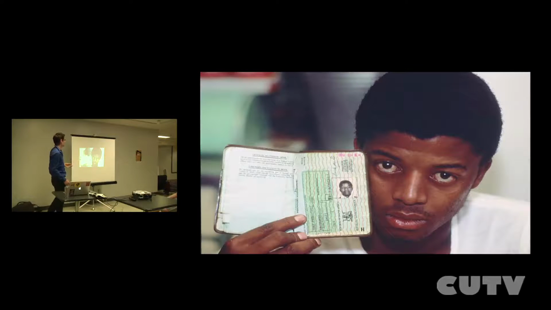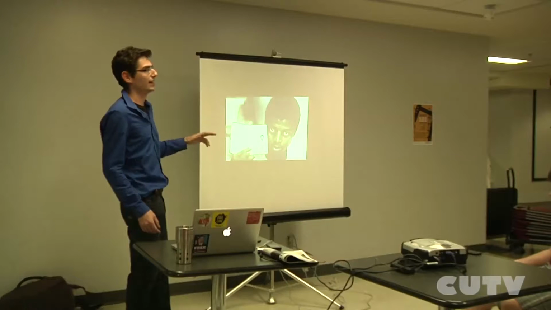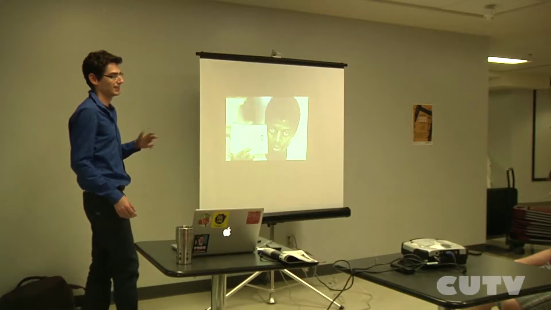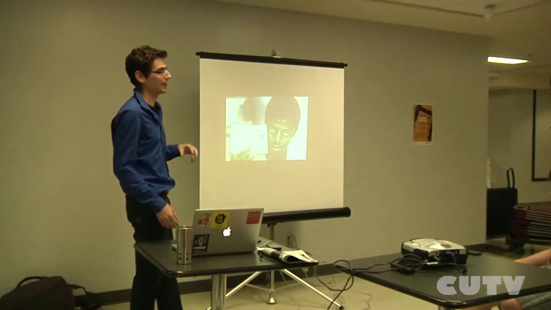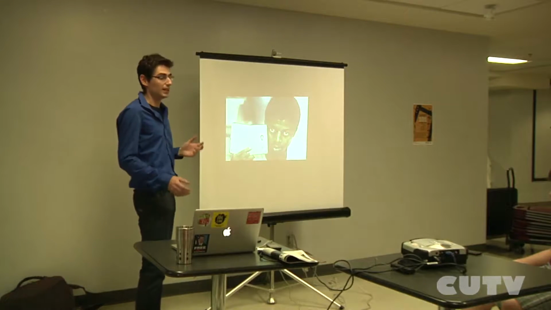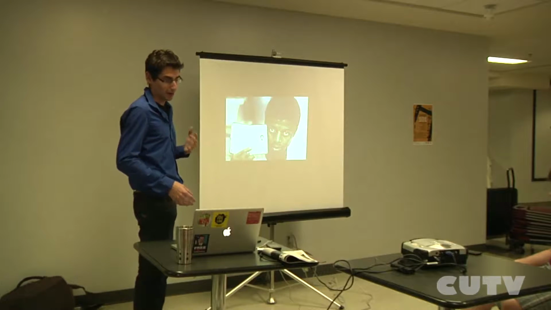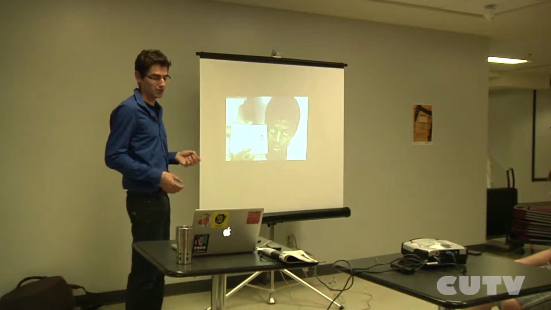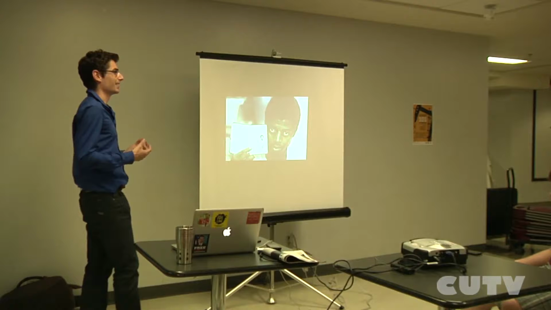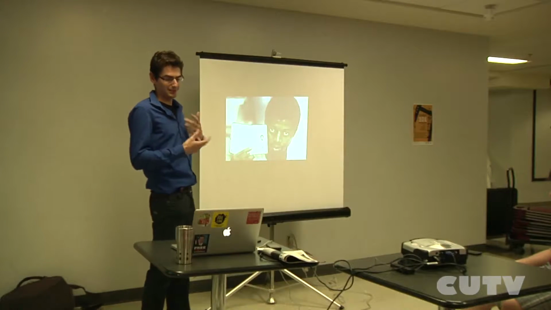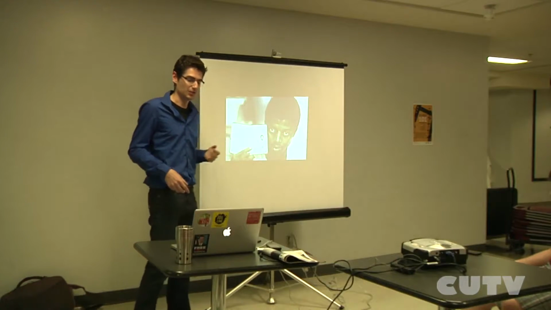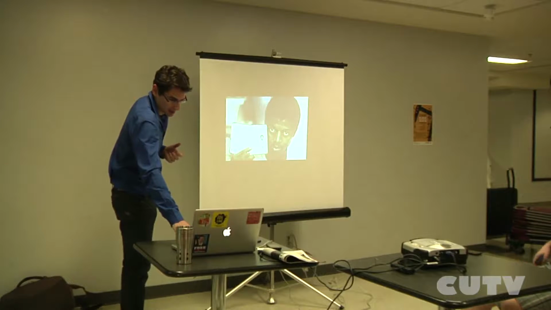Here, this is a picture from 1985, where you have a young South African who has a passbook, and the passbook lets him know where he can and cannot live. So it was really a system of oppression for the black population there, and a relic of the colonial system in Africa.